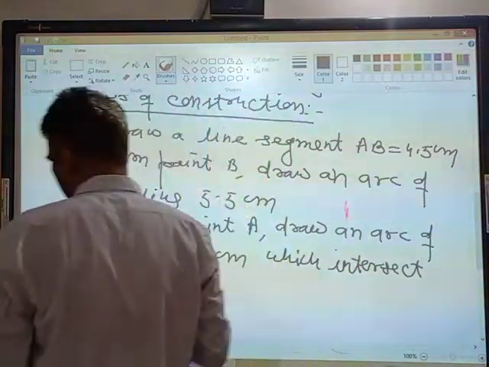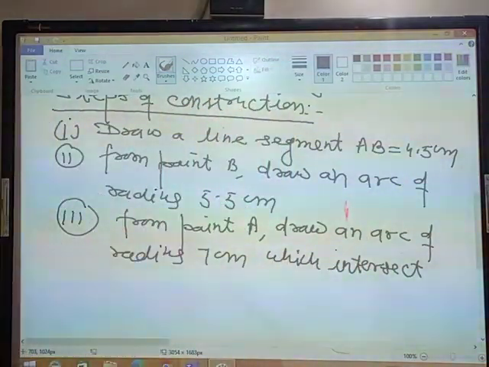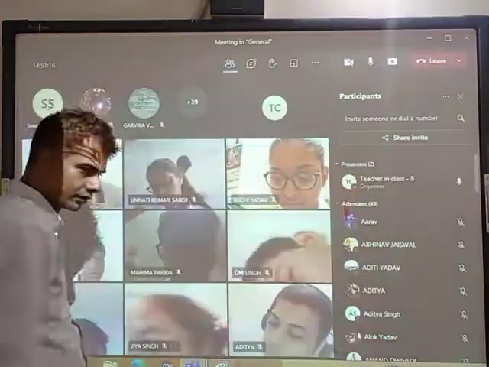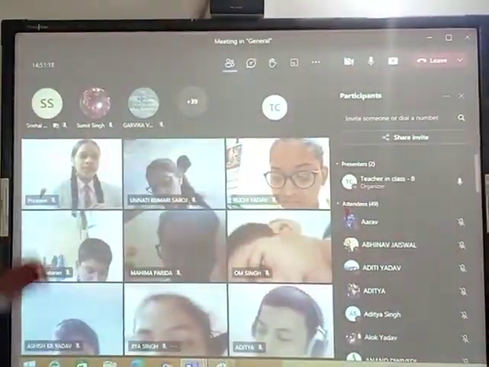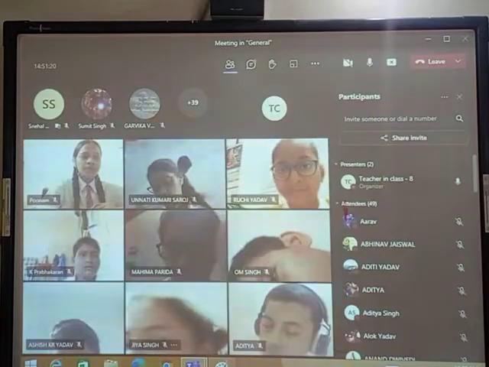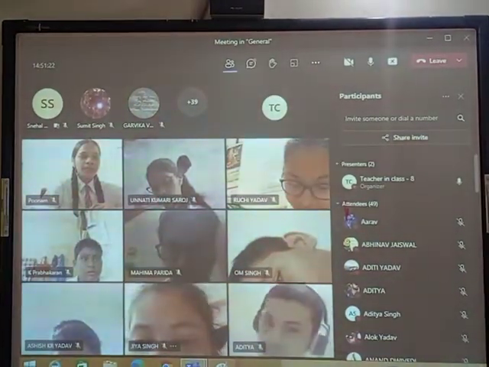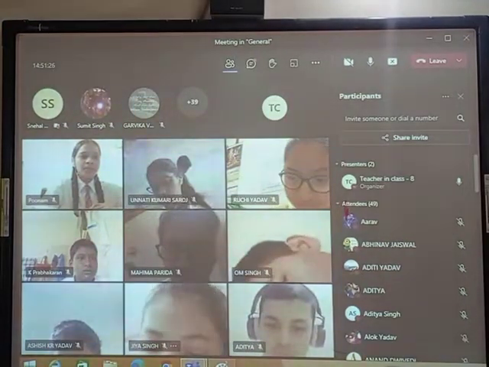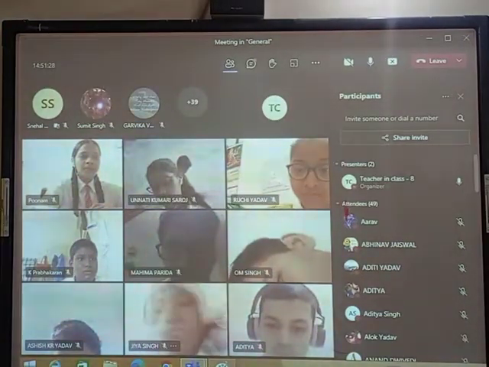Please tell me what is the difference between intersect and bisect? Bisect means divide the thing into two equal parts, and intersect means just cut.